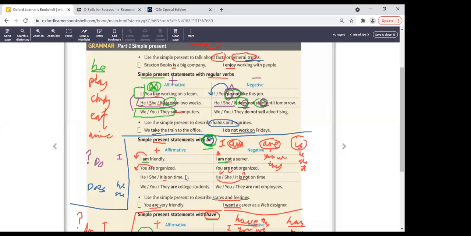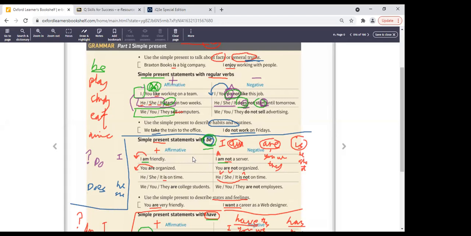Okay, that's our positive sentence. What about a negative sentence? How do we form a negative sentence? Abdullah? Negative: I'm not a student. We add not with am, and you are not, like that. Okay, excellent.